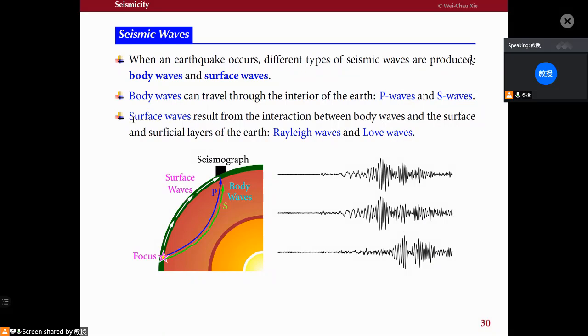And another category of waves is surface waves. Surface waves result from the interaction between body waves and the surface and the superficial layers of the Earth. And we have Rayleigh waves and Love waves. Okay, so body waves travel through the body of the Earth, and the surface waves travel along the surface.